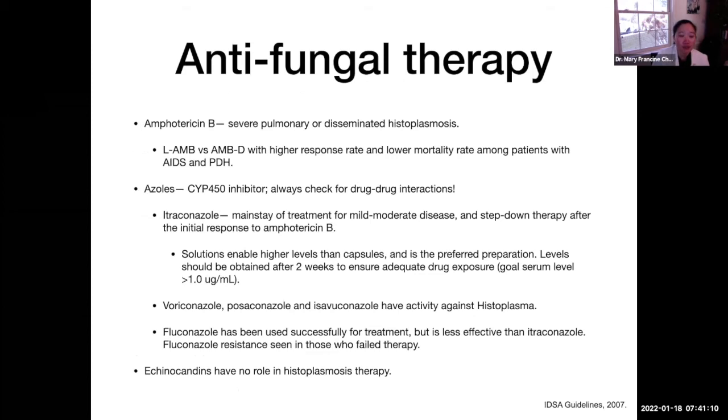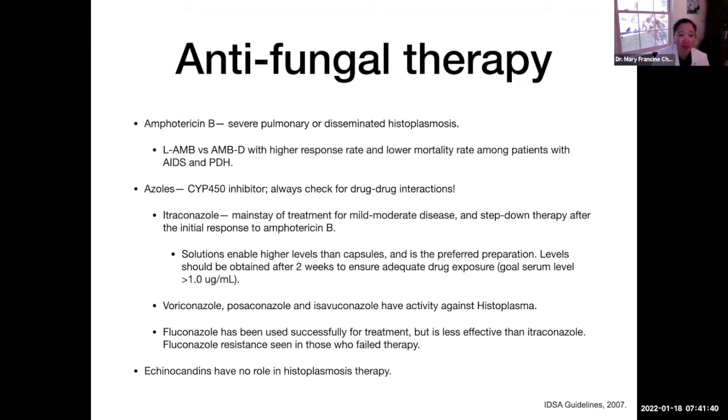For your amphotericin B, you usually use that for severe pulmonary or disseminated histoplasmosis. They actually found in a clinical trial that in those with AIDS and progressive disseminated histoplasmosis, liposomal amphotericin B had higher response rates and lower mortality rates compared to those who were treated with amphotericin B deoxycholate.